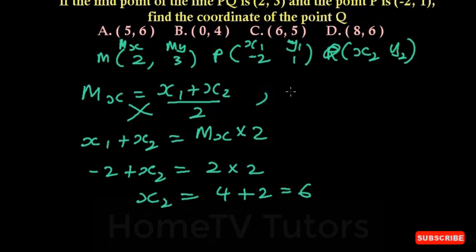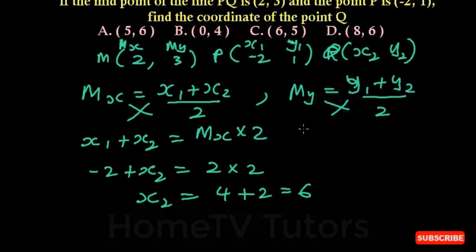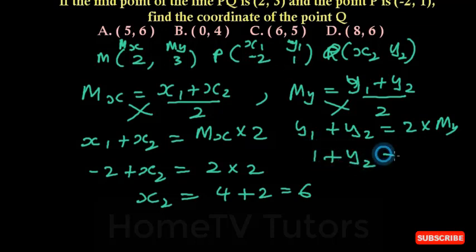Then for my, this is y1 plus y2 divided by 2. Cross multiply, we have y1 plus y2 equals 2 times my. Okay, y1 we have as 1, plus y2 equals 2 times my, which is 3.